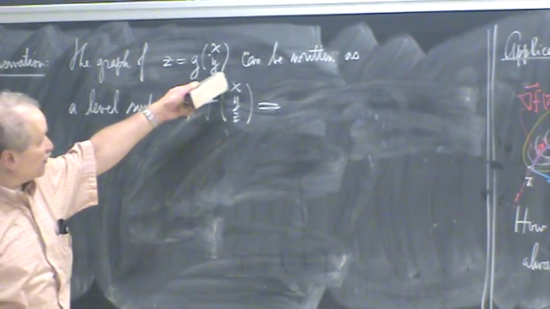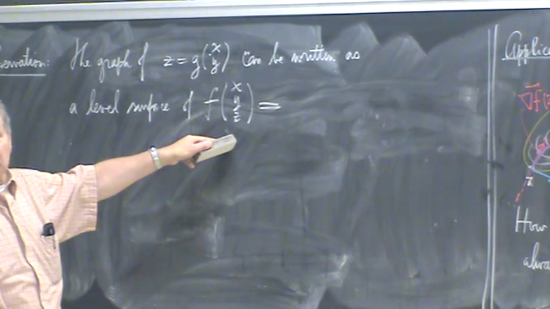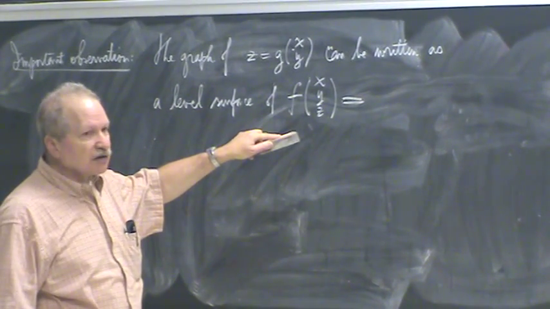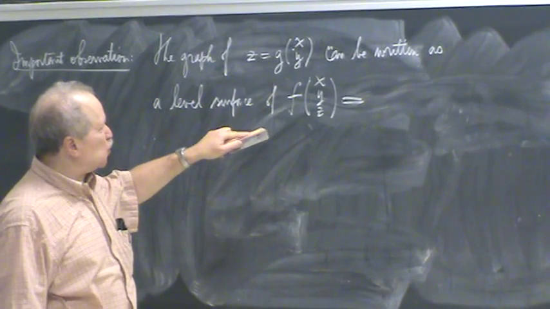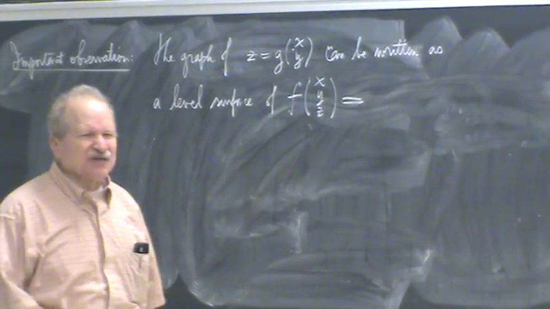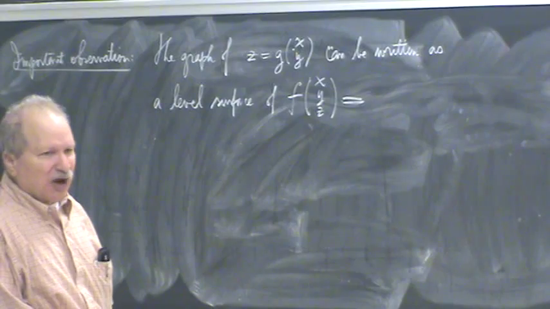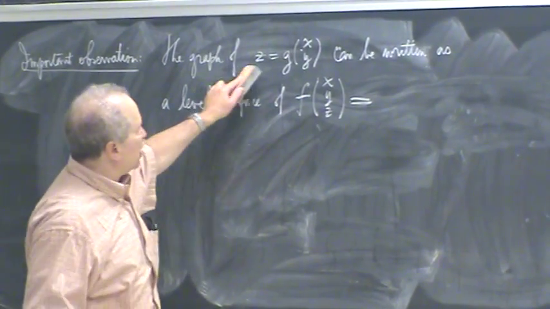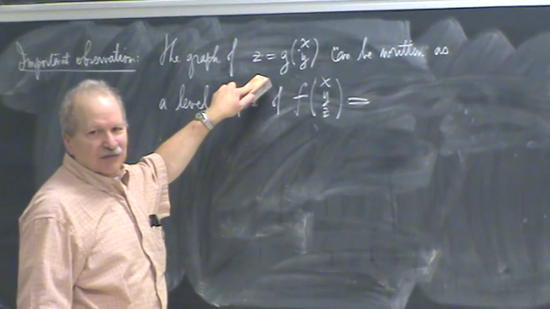How could I get a function of x, y, and z that's constant? G of x, y over z equals 1. Yeah, but what if z were 0 somewhere? You have the right idea, but make it simpler. What can I do with this equation, g of x, y equals z?